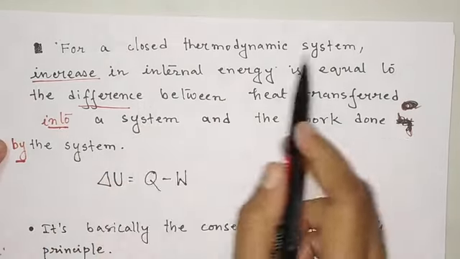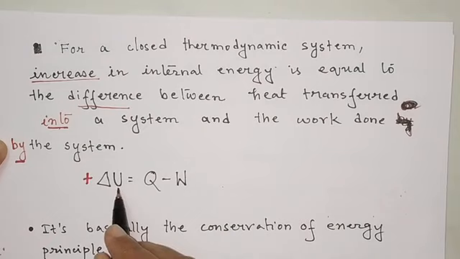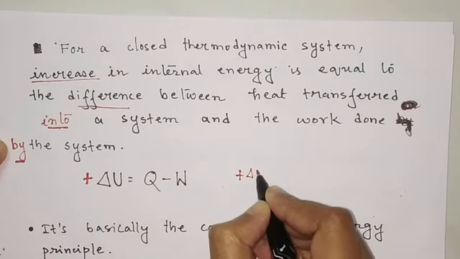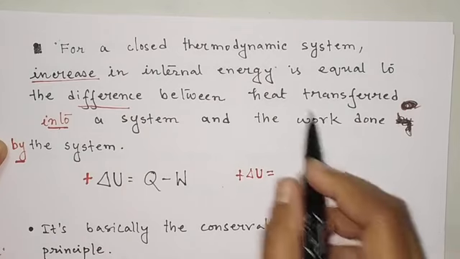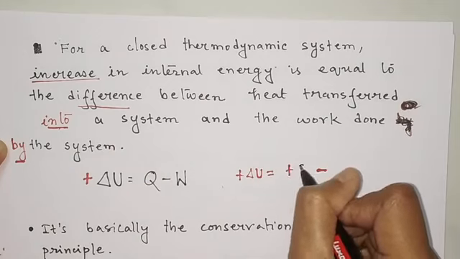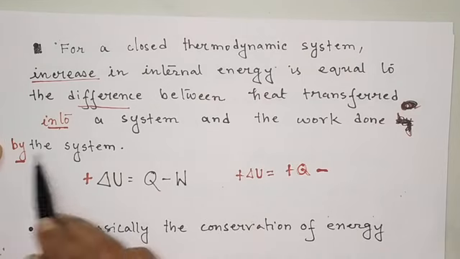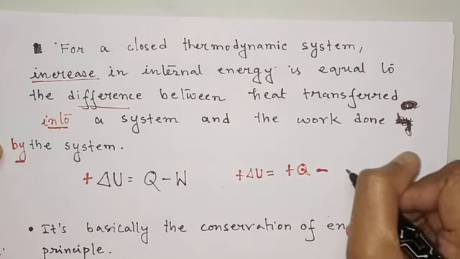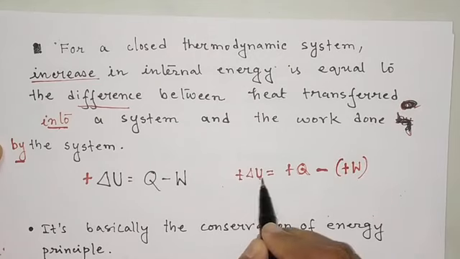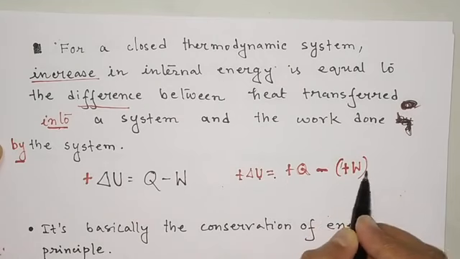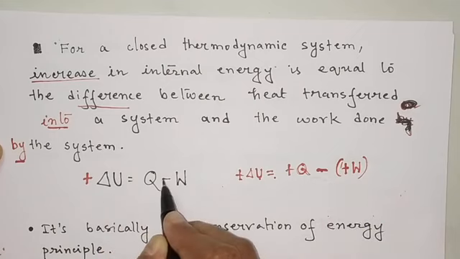So the increase in internal energy, plus delta U, equals plus Q minus, within brackets, plus W, the work done by the system. So it can be written as delta U equals Q minus W.